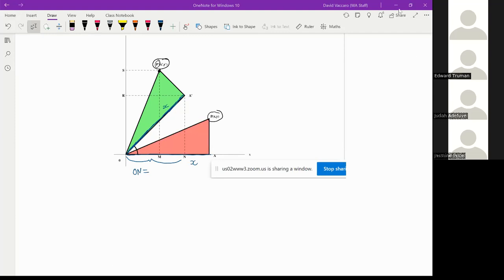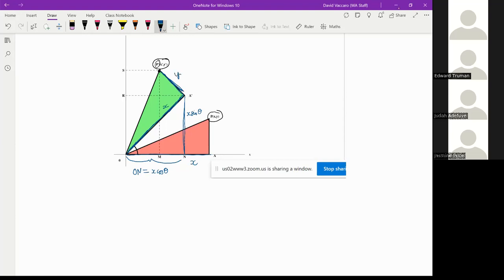Excellent. People have just recognized that as a cosine, so we're essentially resolving forces. So this horizontal distance is x cos theta. And then this vertical distance, NA, is x sine theta. We can do a little bit more geometry. We can say that this distance here from A' to P' is y.